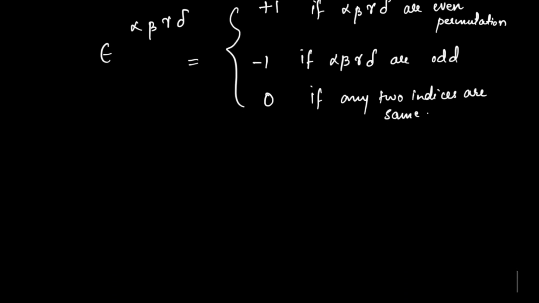Now, the catch is that if epsilon alpha beta gamma delta is a tensor, then it has to be invariant. That is, under a change of coordinate system, it has to change.